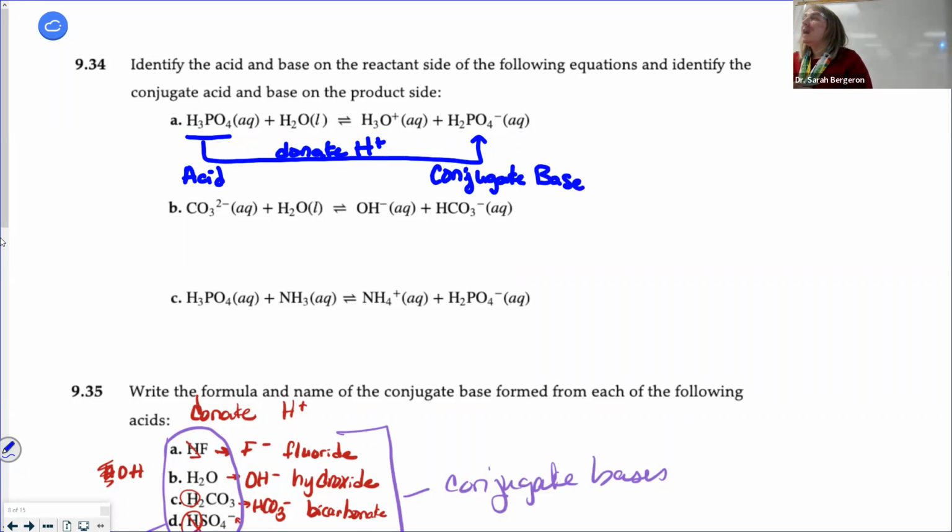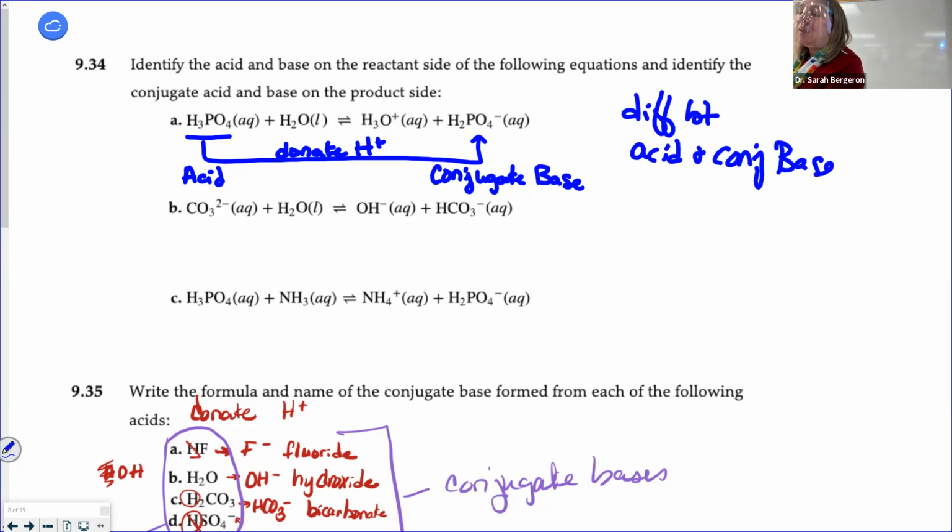These always come in pairs. An acid always has a conjugate base pair. A base always has a conjugate acid pair. What's the difference between an acid and its conjugate or a base and its conjugate? One hydrogen ion. So the difference between our acid and our conjugate base is one hydrogen ion, right?